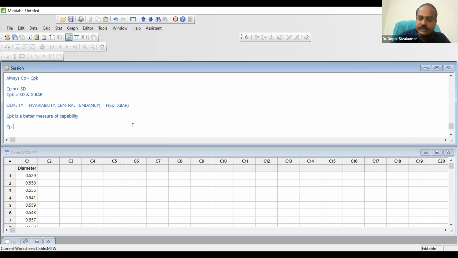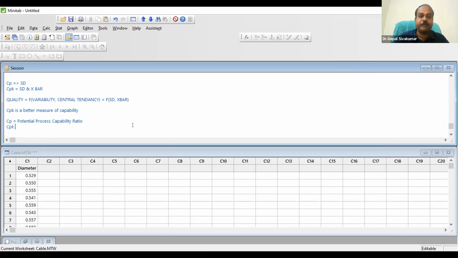That is why Cp is called the potential process capability ratio, not the actual one. Please note, potential. But Cpk is the actual process capability ratio. All of you understand the difference, Cp and Cpk?